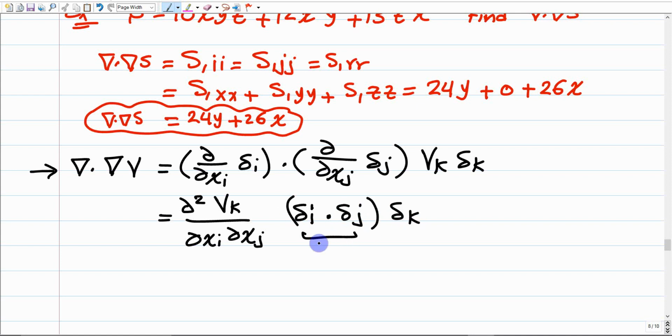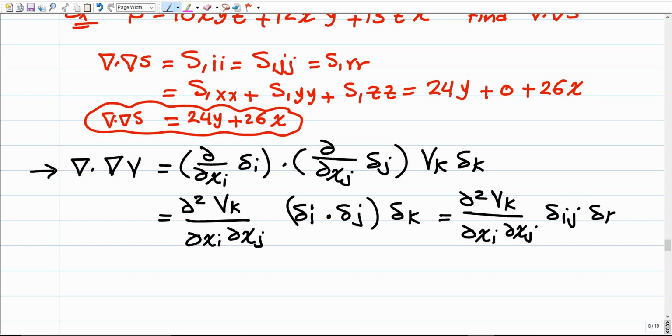This should give us delta ij, as we agreed, right? So we have the second derivative of v_k with respect to x_i, x_j, and we should have here delta ij, delta k. Make sense?